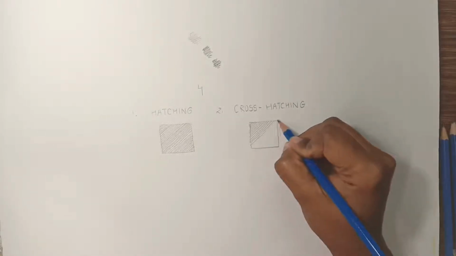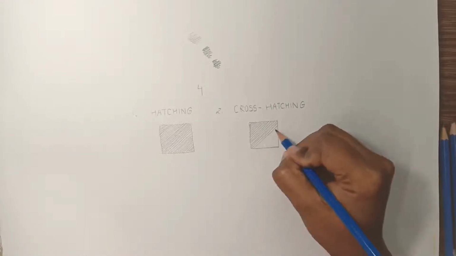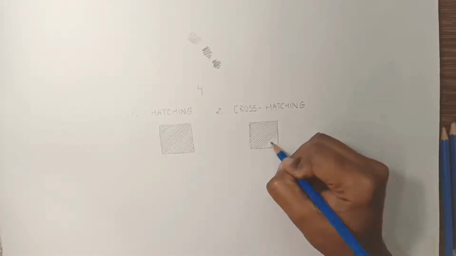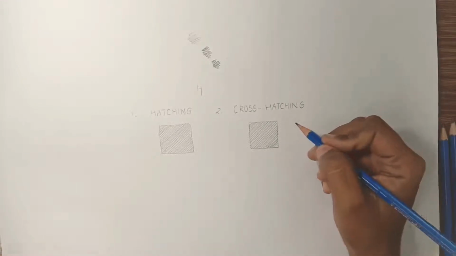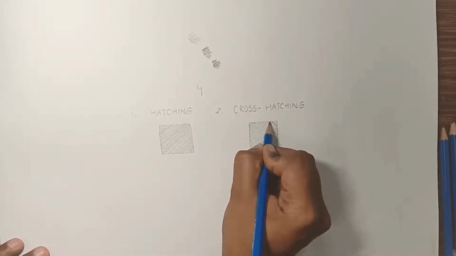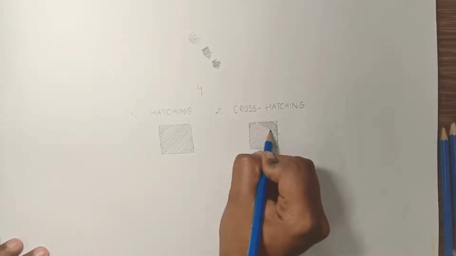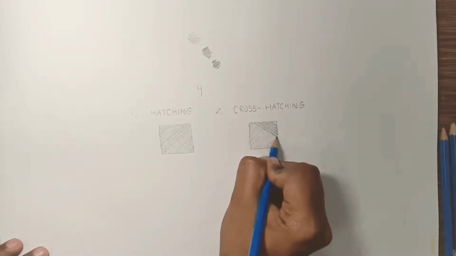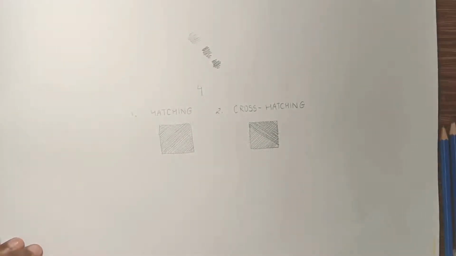It can be diagonal, it can be vertical. The hatching, and now we just have to cross it. So the other diagonal, this way the whole box. So this is our cross hatching technique.